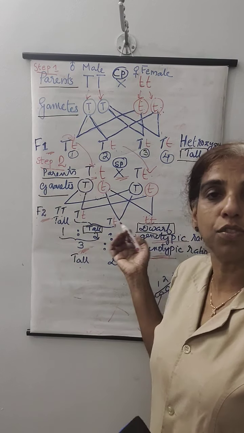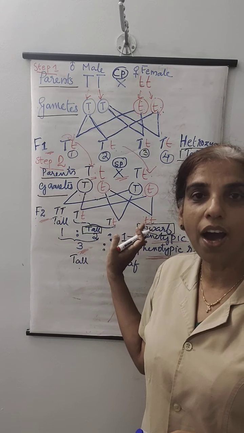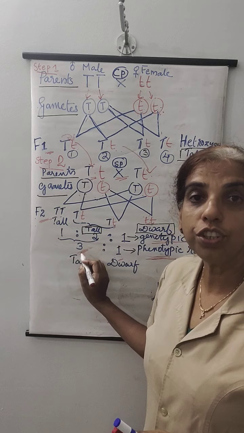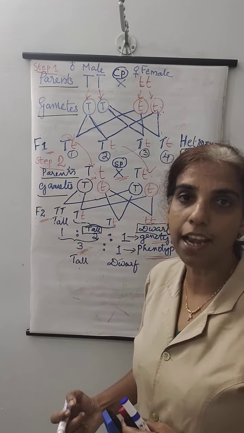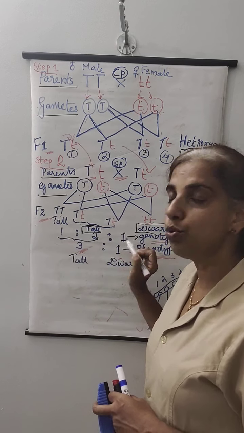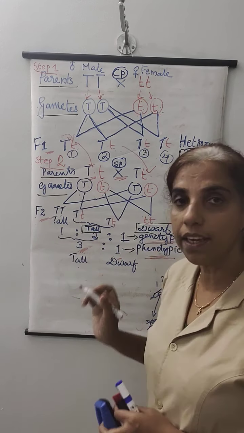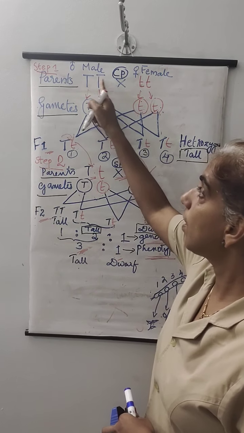And the last one, there is no hetero or homo, that is only the dwarf, small t, small t. So again the ratio 3:1, that is a phenotypic ratio, external appearance ratio. 1:2:1 is the allelic composition, that is genotypic ratio.